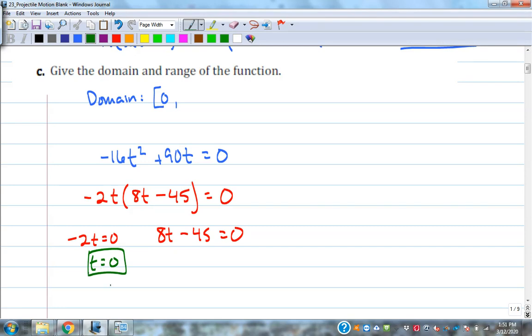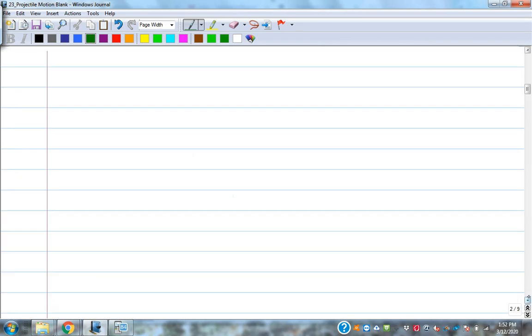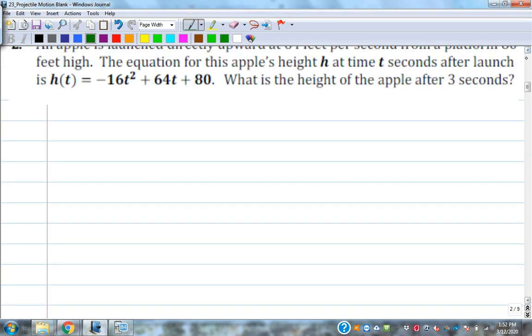We already knew that when the ball took off, time was 0. This is going to tell us what time it was when it hit the ground, how much time elapsed on our stopwatch. So add 45, divide by 8. And since we're dealing with word problems here, I'm okay with decimals.